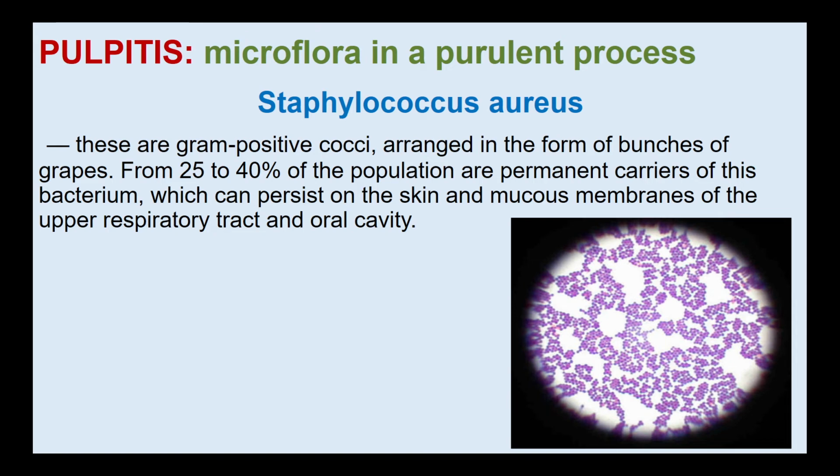That's why this bacteria persists on the skin, on mucous membranes, upper respiratory tract, oral cavity, and during disruption or change of normal processes in a healthy organism, it can initiate different purulent diseases, also in the oral cavity.